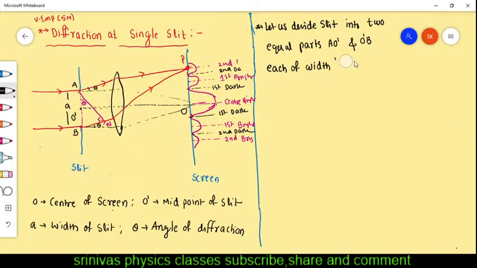It's not 9 by 2, it is a by 2. Each of width a by 2.